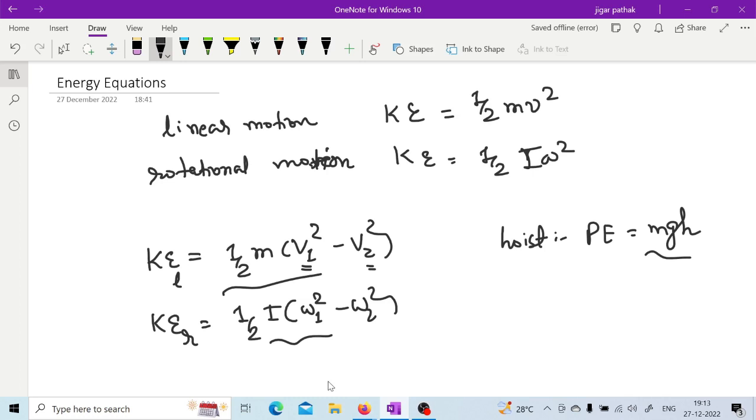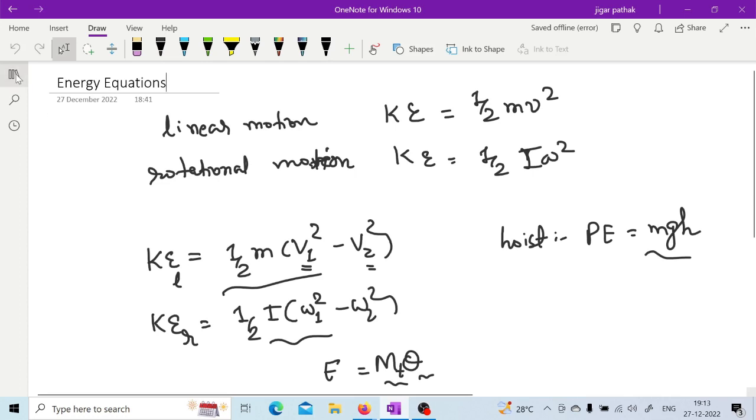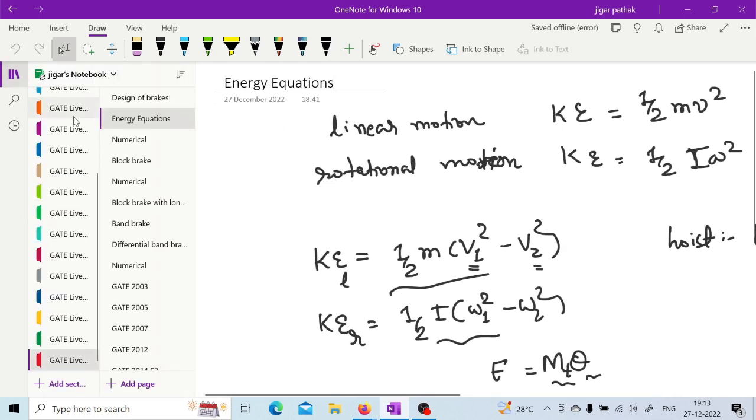And this total energy is represented by Mt × θ, where Mt is the braking torque and θ is the angle turned by that particular drum while absorbing the energy. So this is how we have various energy transformations associated with the design of brakes.